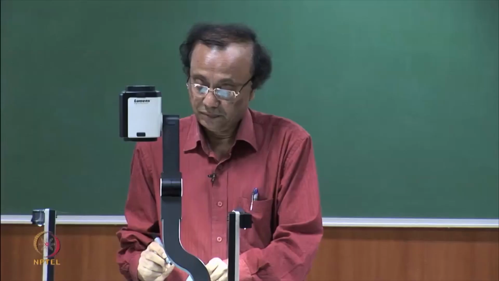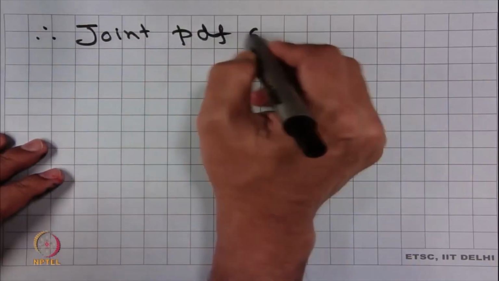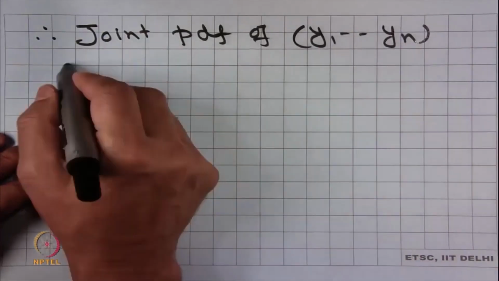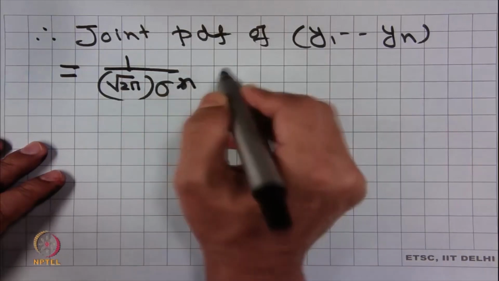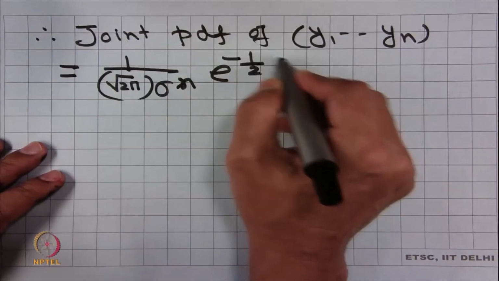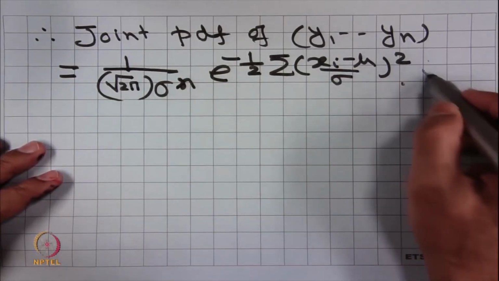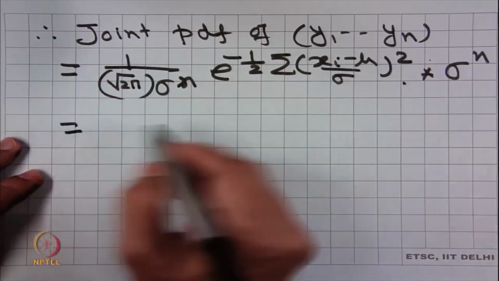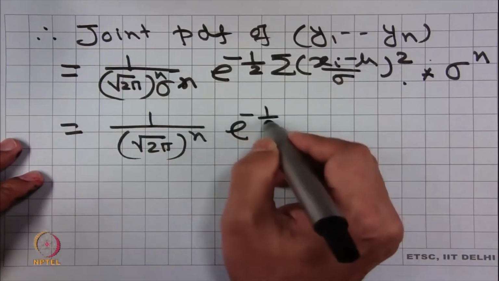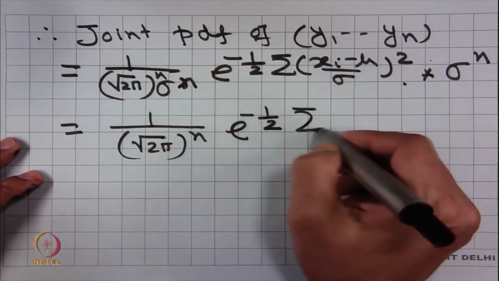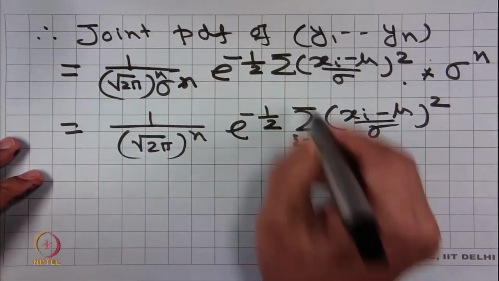Therefore, the joint PDF of y1, y2, yn is 1 over root over 2 pi sigma to the power n into e to the power minus half sigma ((xi minus mu) upon sigma) whole square, multiplied by sigma power n, which is equal to 1 over root over 2 pi whole to the power n, e to the power minus half sigma ((xi minus mu) upon sigma) whole square, i equal to 1 to n.